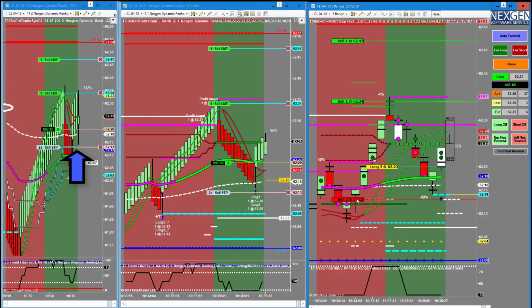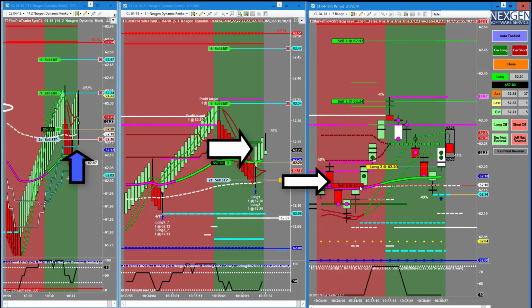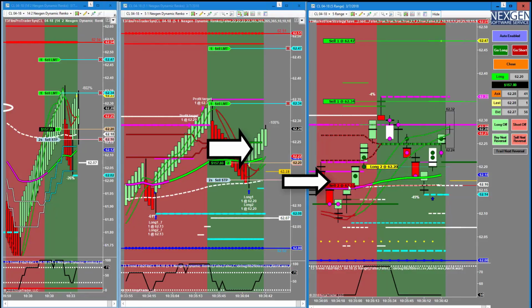So again, this is another high probability look for us where we get the bars up on our 5-1 chart, we pull our stop up. We start to get white paint bars to the upside. We start thinking about moving our stops to reversal bar markers.